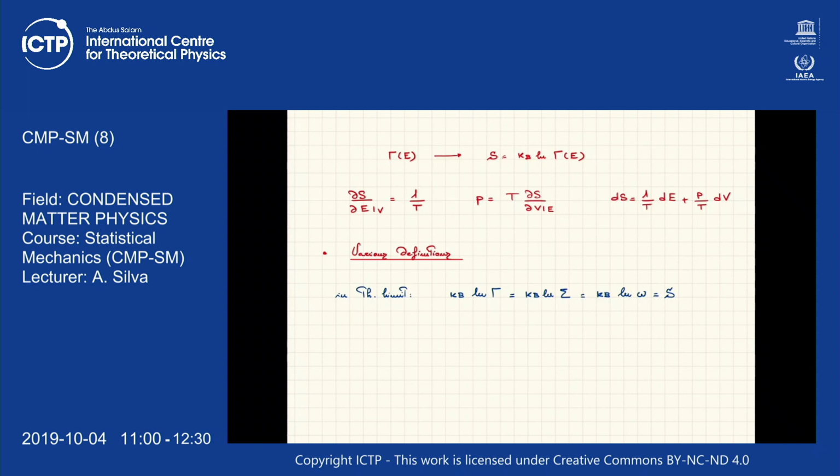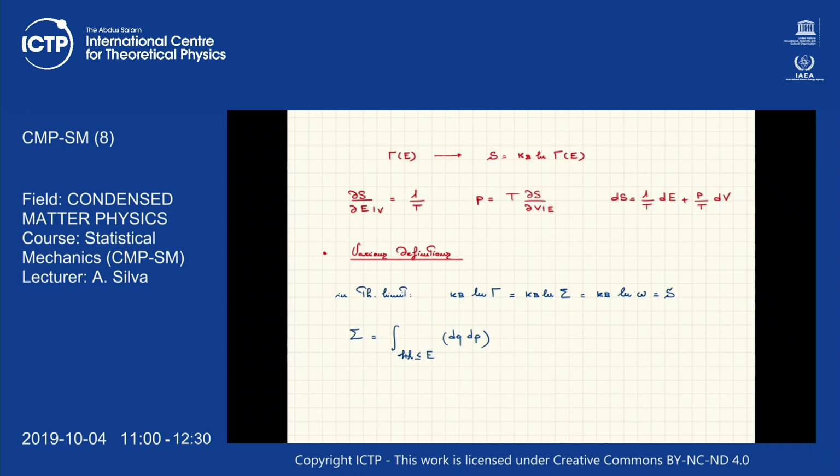What is sigma? Sigma is defined not as the volume of the hypersurface, but as the volume of all the states in phase space contained by this hypersurface.